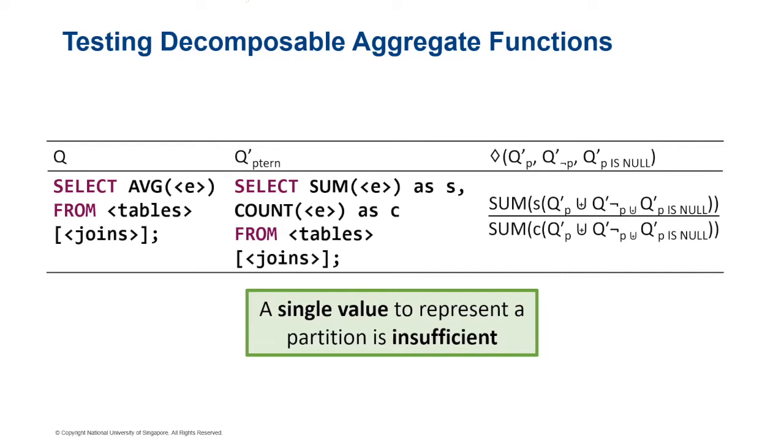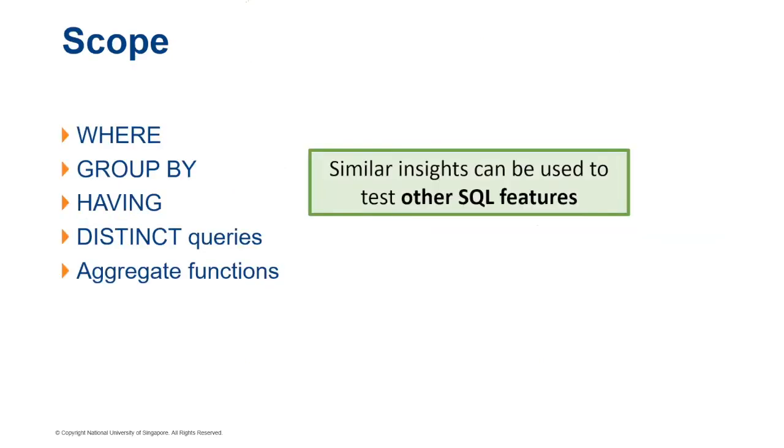So here what we do is we keep track both of the sum and the count in the partition to then be able to reconstruct the overall average. And similar insights can also be used to test other SQL features, for example, group bys, distinct clauses, and having clauses.